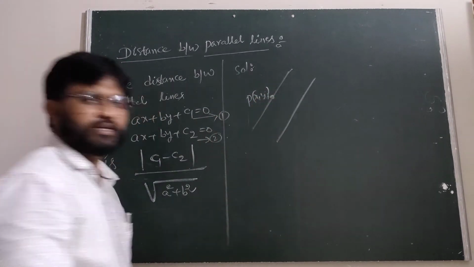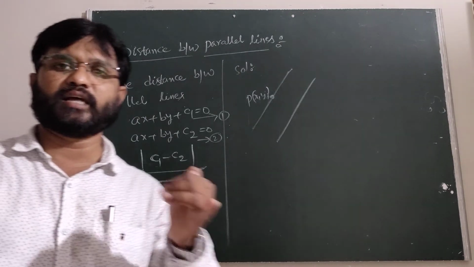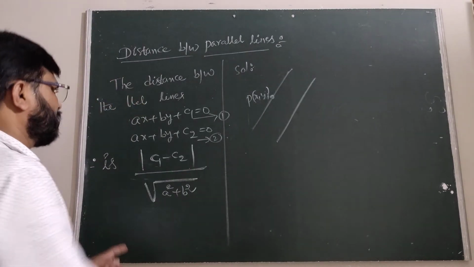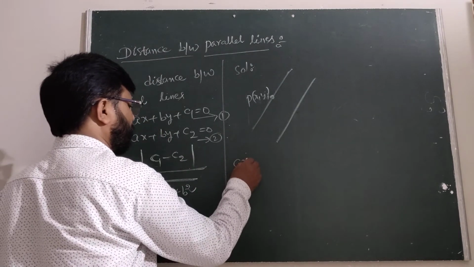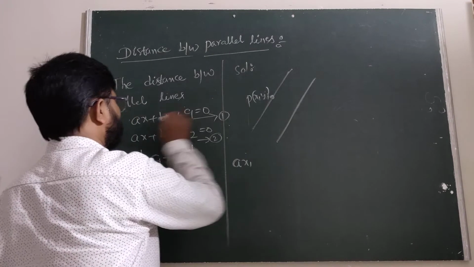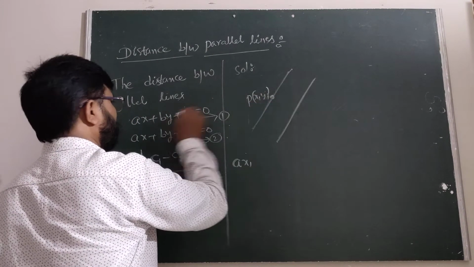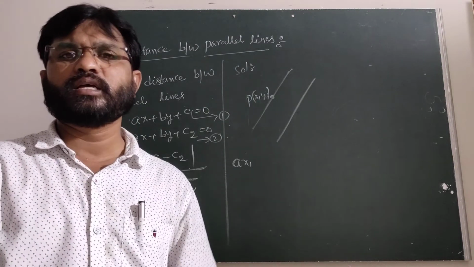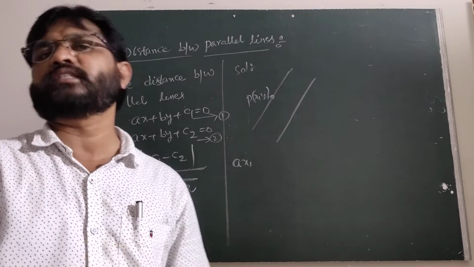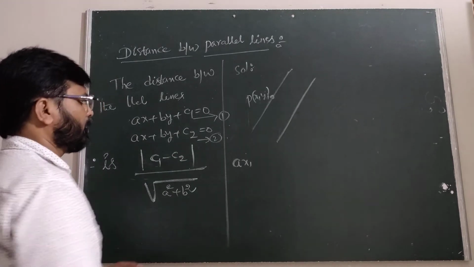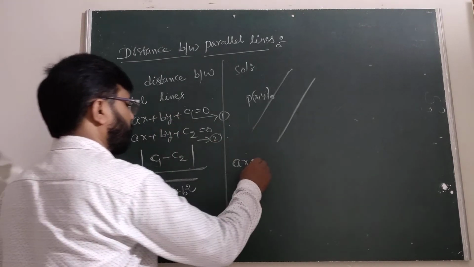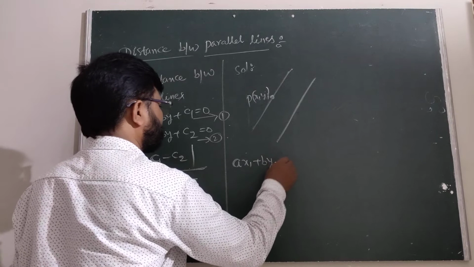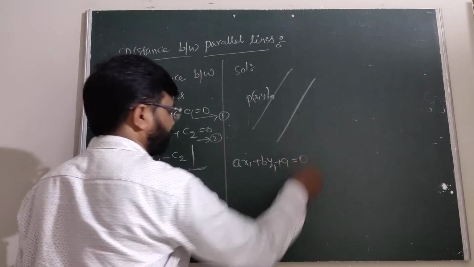Let P(x1, y1) be a point on the first line. Substituting x = x1, y = y1, since the point P(x1, y1) lies on the first line, therefore ax1 + by1 + c1 = 0.